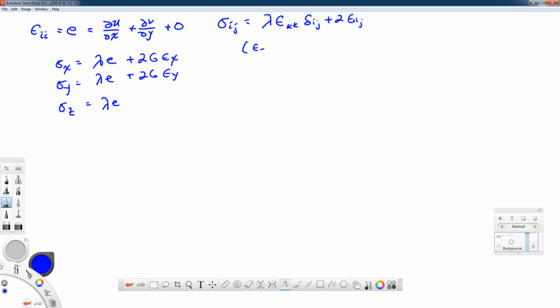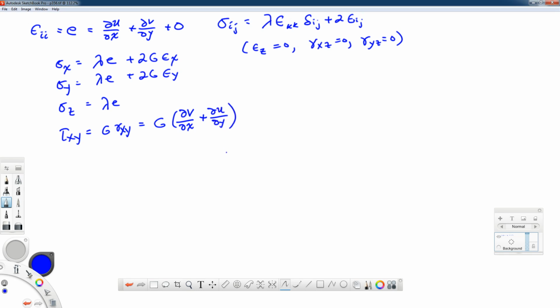Let's go ahead and write these down. Epsilon z is equal to 0, gamma xz and gamma yz would all be equal to 0. We can have our shearing stress, tau xy, equal to g times gamma xy, the engineering shearing strain, or in terms of displacement equal to g times the partial of v with respect to x, the displacement in the y direction, plus the partial of u with respect to y, displacement in the x direction with respect to y.